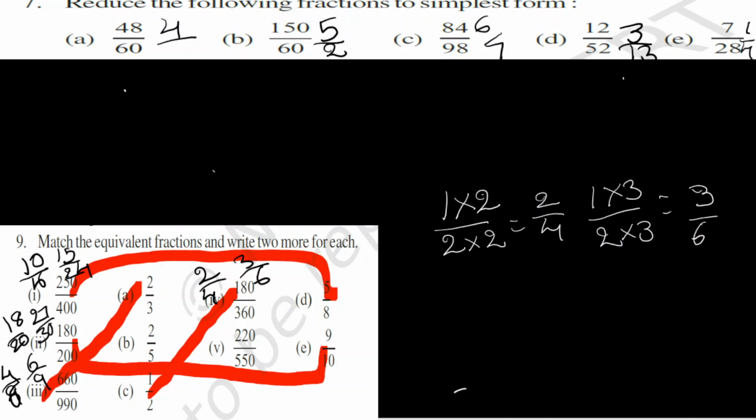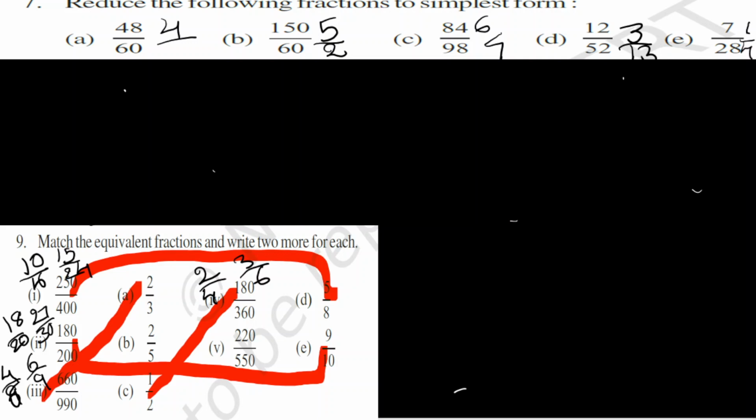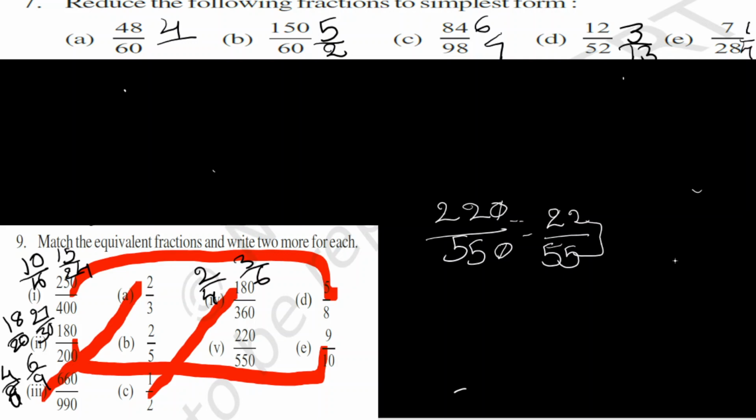And let's check one more problem. 220 by 550. Let's cross the zeros. The fraction becomes 22 by 55. Here 11 is the only common factor. So let's check it with the factorization method. 22 can be expressed as 2 into 11.